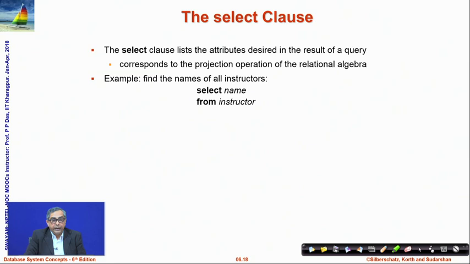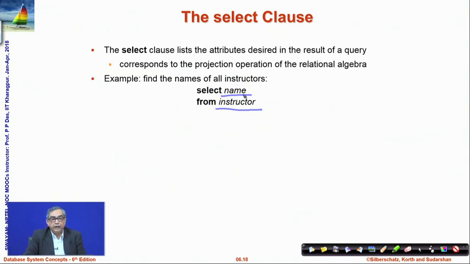So, if we write select name from instructor, then this will result in finding the names of all instructors from the instructor table, because this is a relation featuring in the from clause, and in select we are saying that the attribute that we want to select is the attribute name.